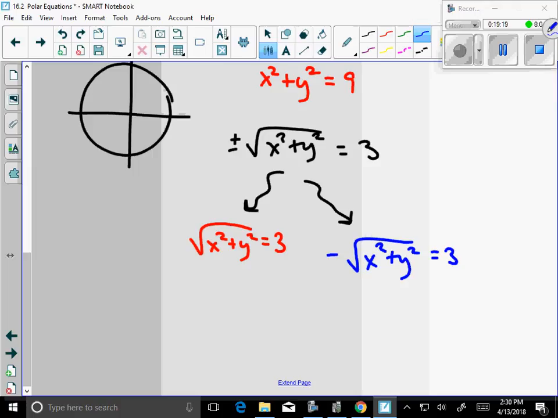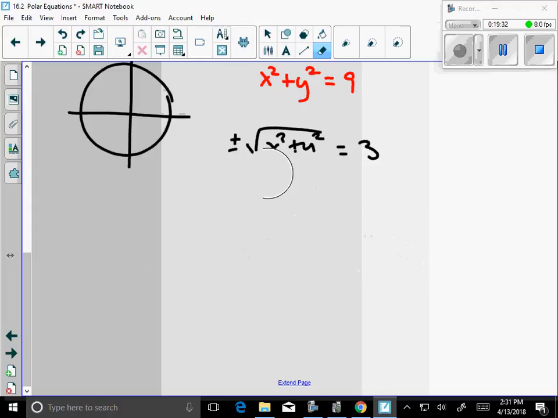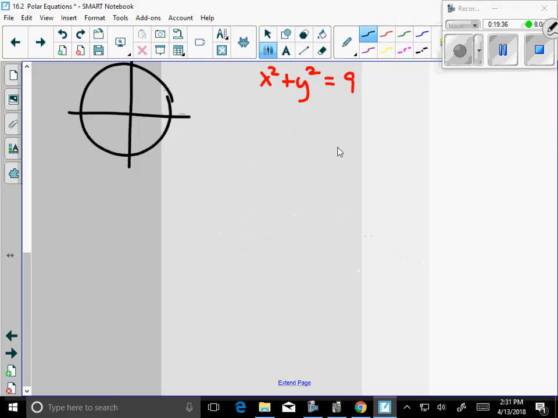Now, we like typing things into our calculator with y equals, right? So you're going to see in a moment here, this is actually pretty cool. I'm going to erase this. I wanted to show you that there, but if I were to solve for y, I would take y squared equals 9 minus x squared. And when I take the square root of that, I get 2 possible answers.